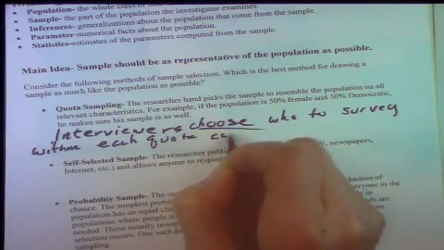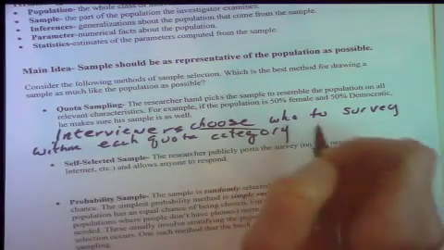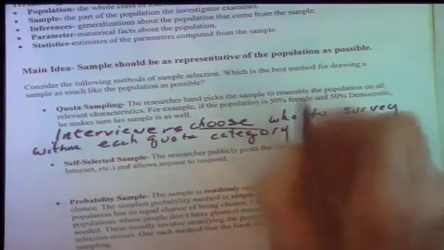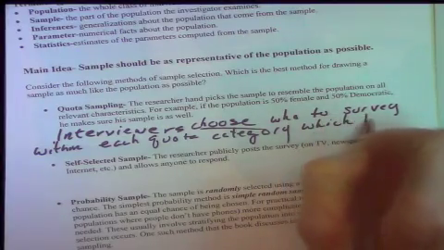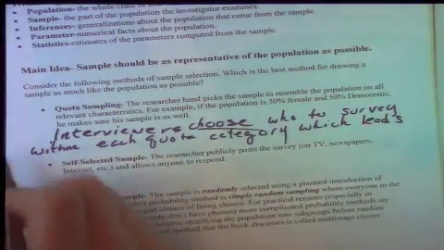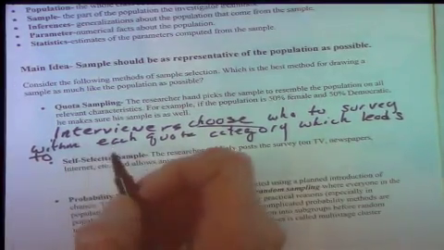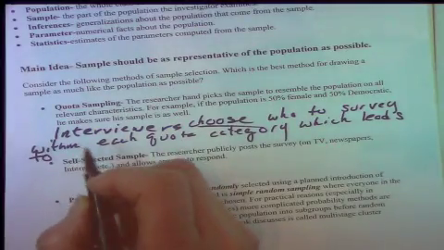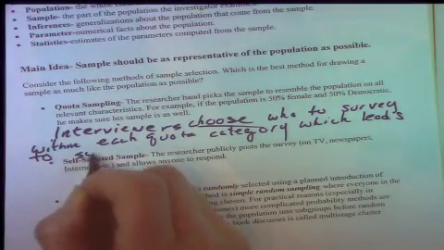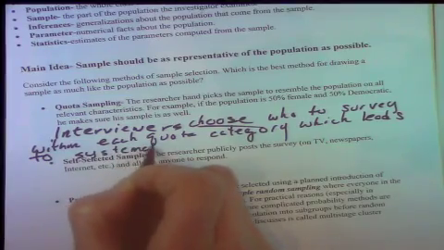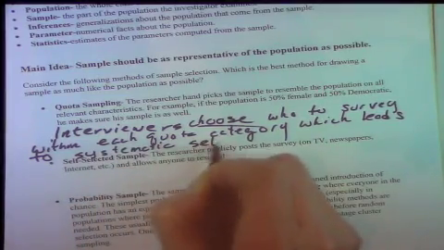And that historically favored Republicans in this country, which leads to not just error, but systematic error known as bias. Systematic selection bias.